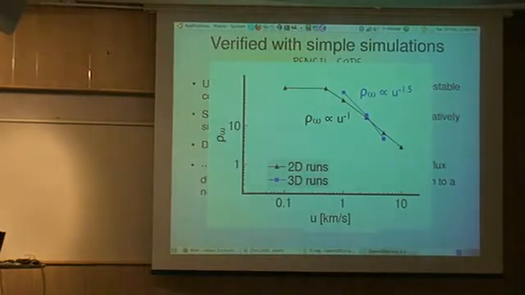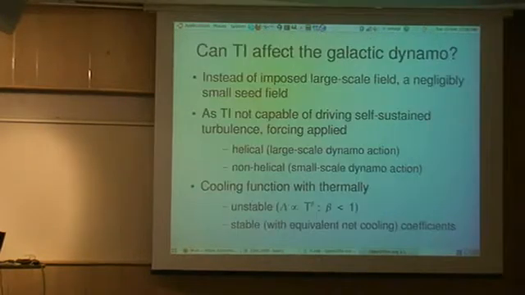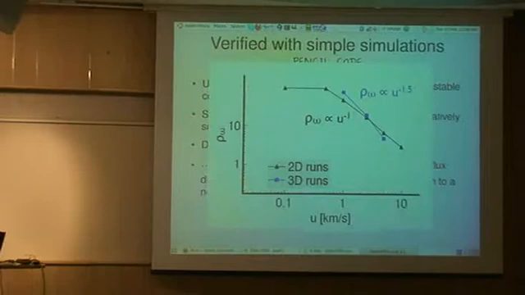And then when you add this initial vorticity, this is what happens. I of course should explain this rho omega. So rho omega was defined as the density at which the flux diagnostic abruptly changes from a positive monotonic correlation either to a negative slope or some other abrupt change. So this is what happens.